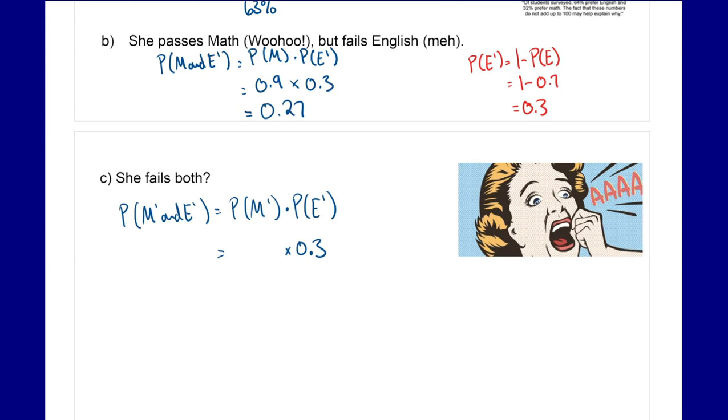We don't have the probability of failing math, but we can use the same method that we did previously for English, because both probabilities have to add up to 1. So 1 minus 90% gives us 10% or 0.1. 0.1 times 0.3 is 0.03, or 3%. So there's a 3% chance that she will fail both.